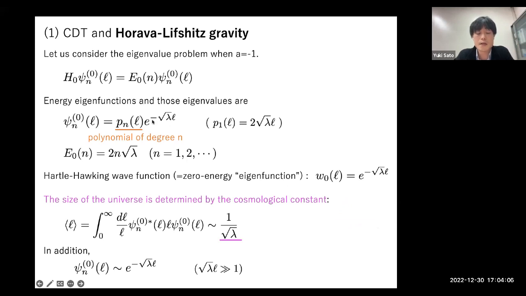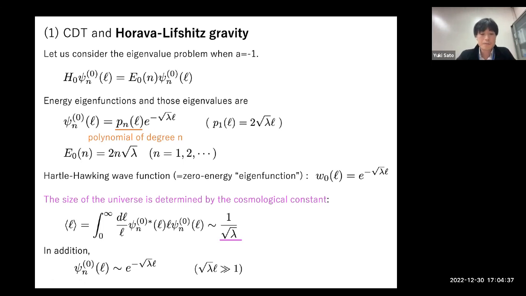Let us estimate the size of the universe using those eigenfunctions. If you compute the expectation value of the size of the one-dimensional universe, it is given by the cosmological constant. So the size can be completely fixed by the cosmological constant. I think this is reasonable because the cosmological constant is the only scale in the system.